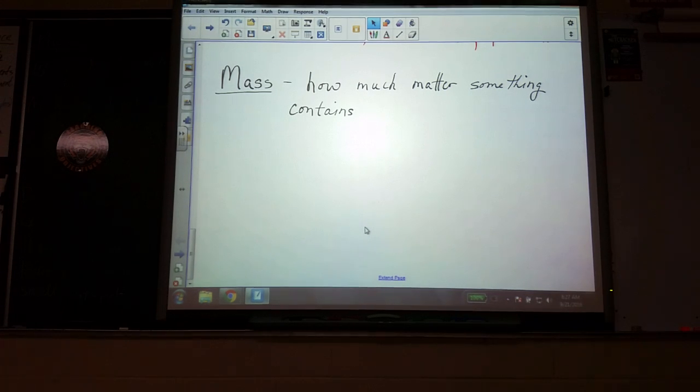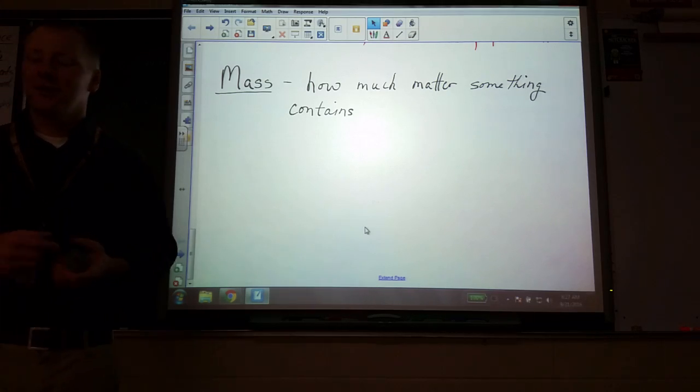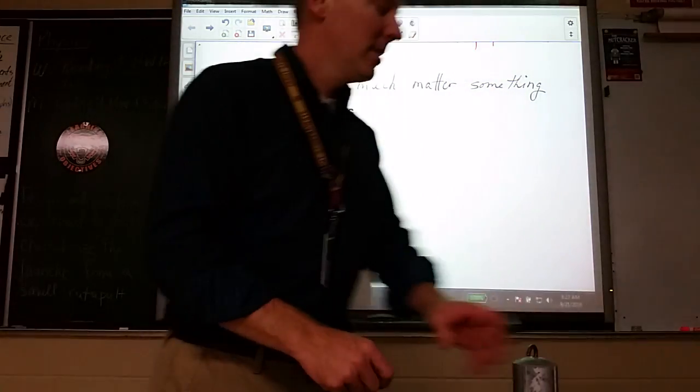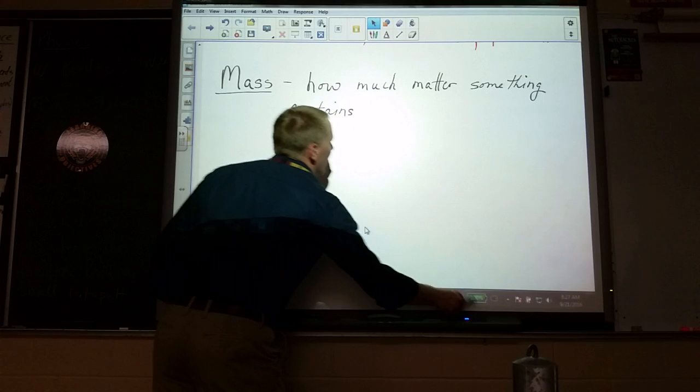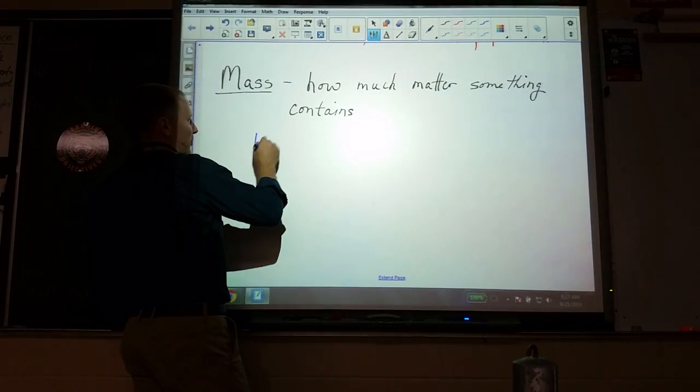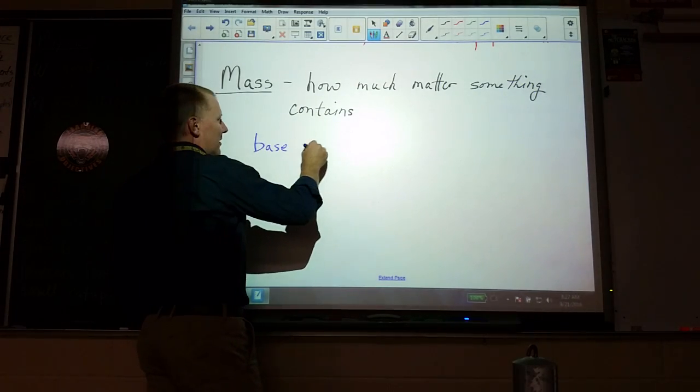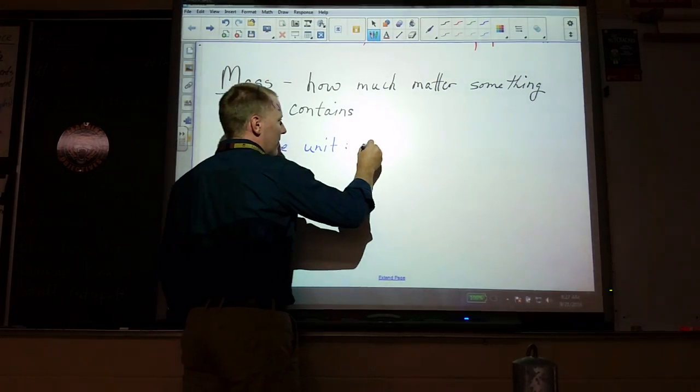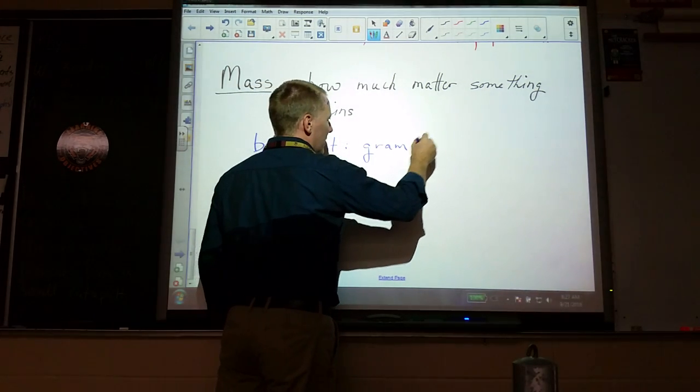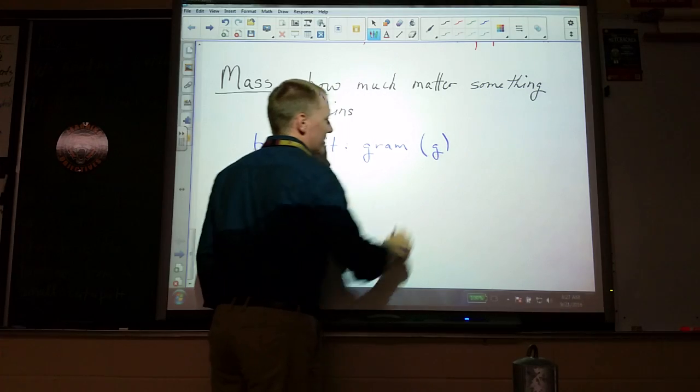Who remembers the base unit in the metric system for mass? It's a gram. So base unit, gram. And we abbreviate that with a lowercase g.